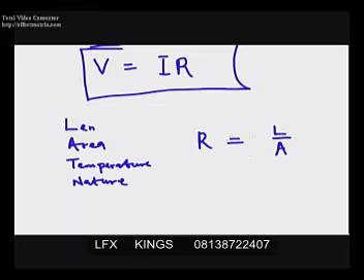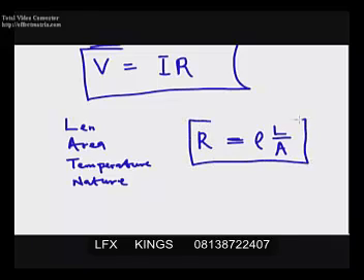But there is a factor that changes that proportionality sign to an equality sign, and that factor is called the resistivity of the wire. So resistance is equal to resistivity multiplied by length divided by area. So this is another formula. You might be asked to find the resistance of the wire. They gave you the resistivity, the length, and the area. They might not even give you the area.